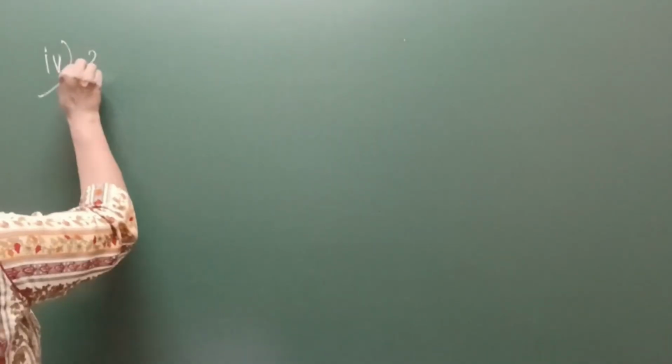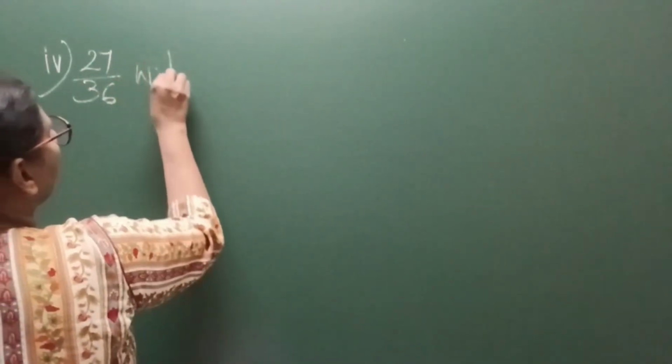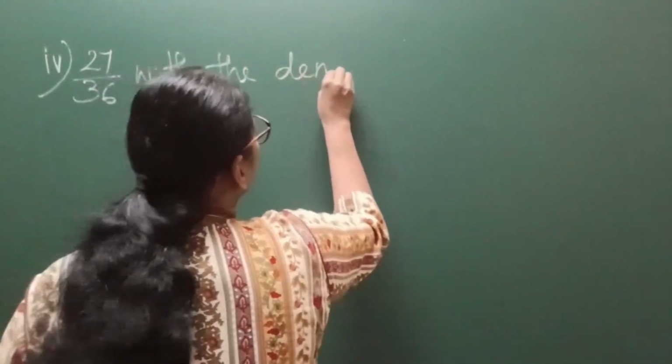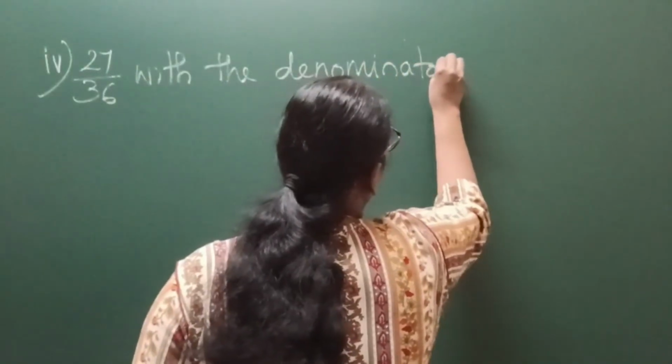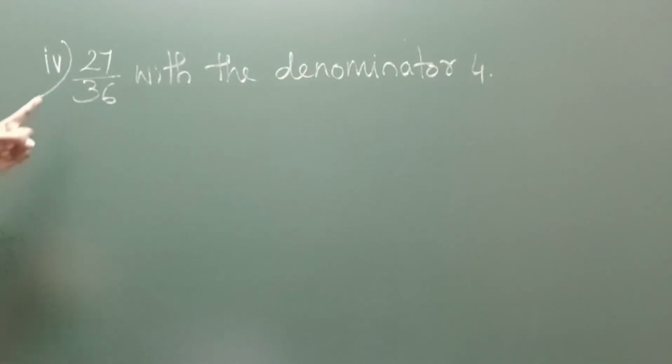Our next question is 27 upon 36 with the denominator 4. The given fraction is 27 upon 36. Now we have to find an equivalent fraction with the denominator 4.